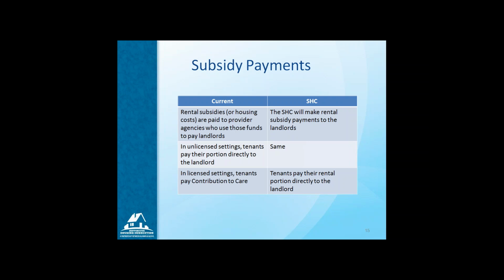Also currently, in unlicensed settings, tenants pay their portion directly to the landlord. That remains the same under the Supportive Housing Connection. And lastly, currently, in licensed settings, tenants pay their contribution to care. Under the Supportive Housing Connection, tenants will pay their rental portion directly to the landlord.